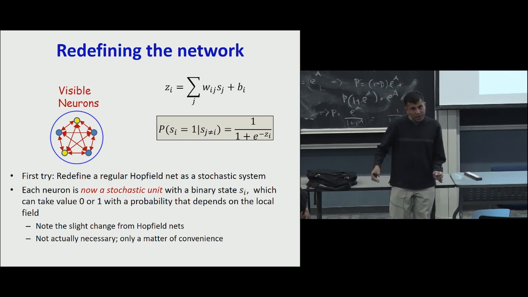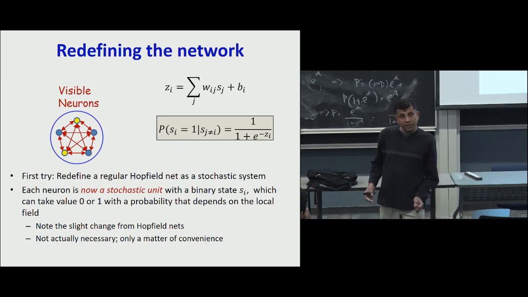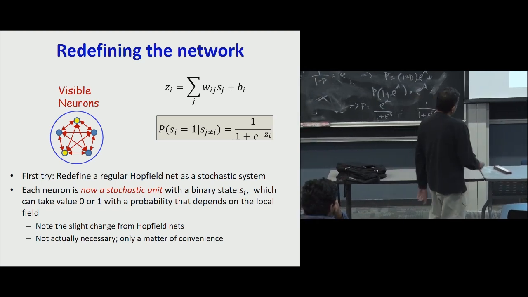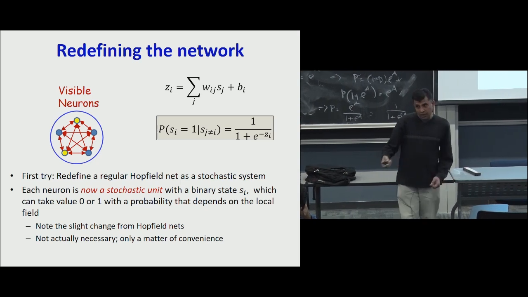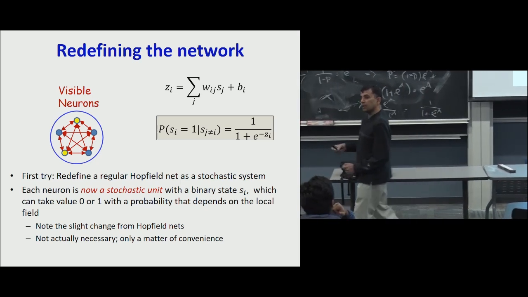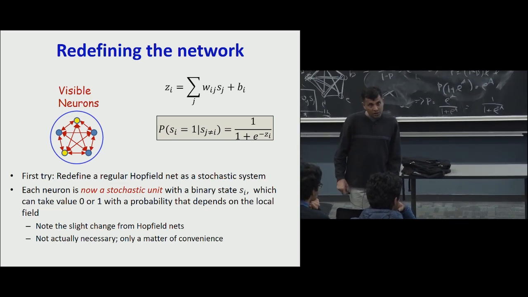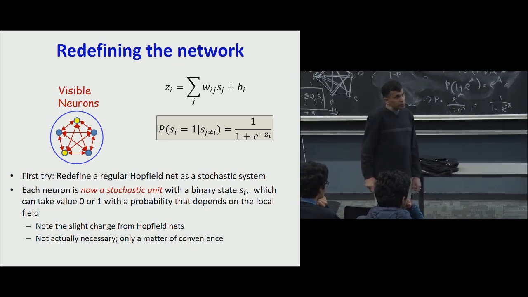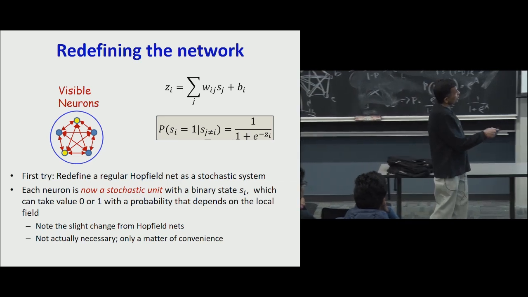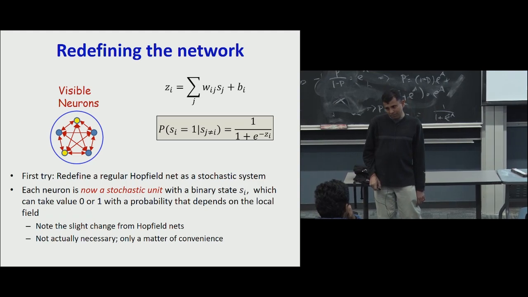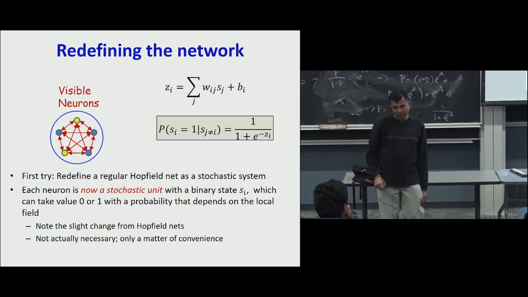So now, first try, I'm going to redefine my Hopfield network as a stochastic system in order to escape these local minima. Instead of saying each neuron is deterministically going to change only if the change results in a reduction in the energy, I'm going to say instead that each neuron is going to take the value 1 with this probability, right?